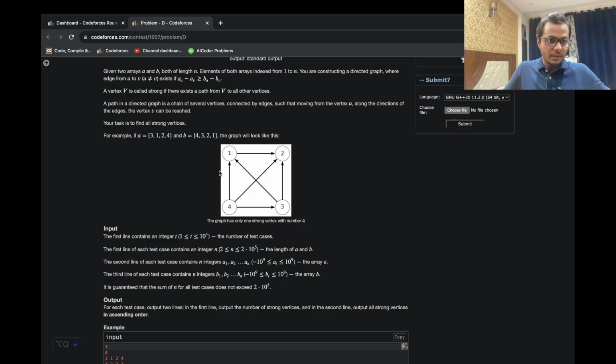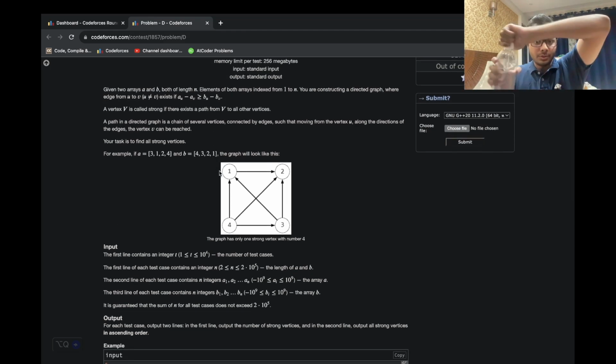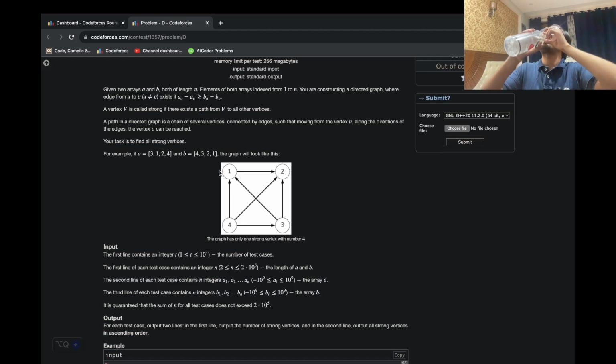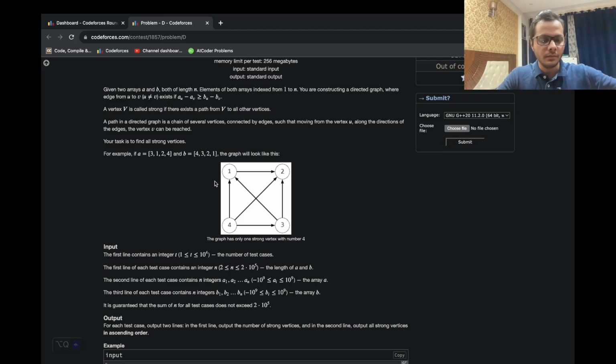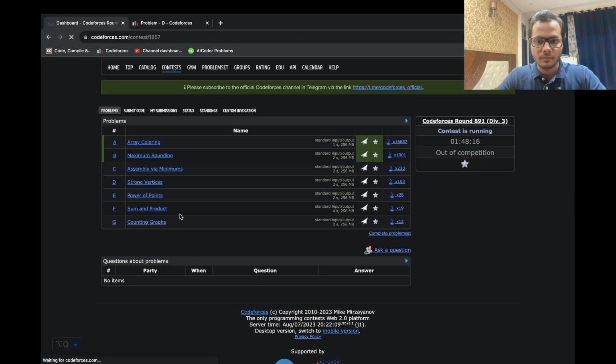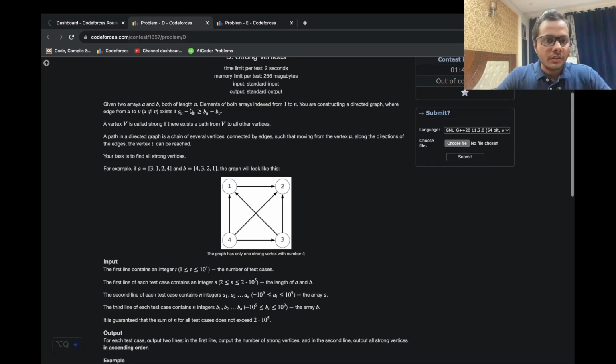So now let's try problem D. Looks like some sort of a geometry problem. Given two arrays A and B, both of length n, elements of both arrays are indexed from 1 to n. You are constructing a directed graph where the edge from U to V exists if AU minus AV is greater than or equal to BU minus BV.